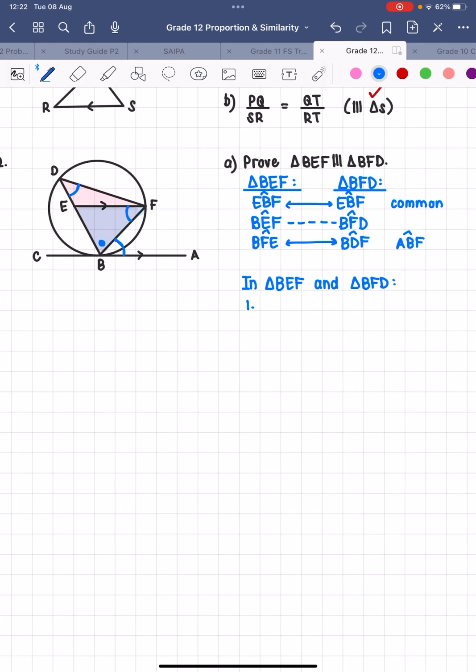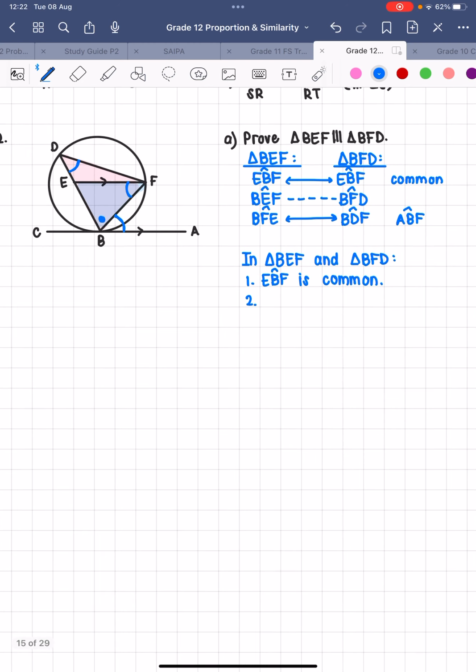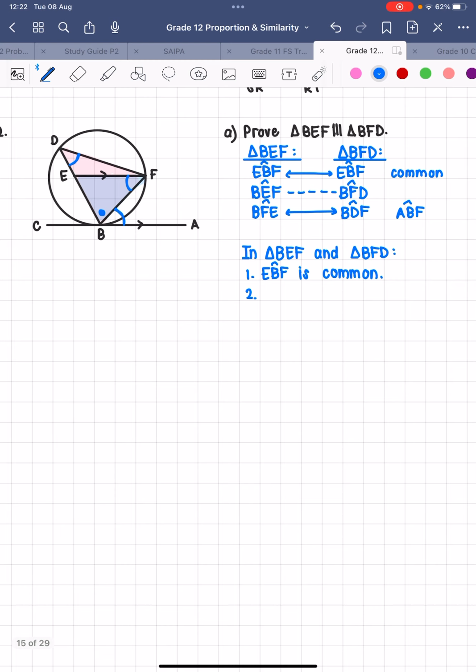So we're going to say EBF is common. That you don't need a reason for. Okay, you can just say EBF is common. You can write given if you want to, but it's the only one that you don't need to write a reason for. We're going to say BFE is equal to BDF.